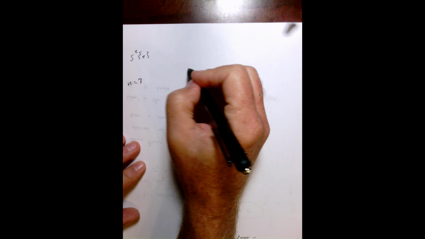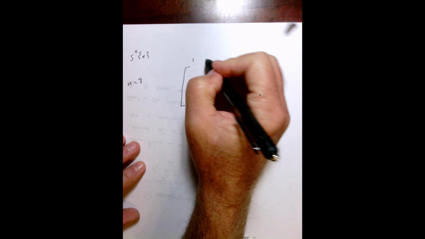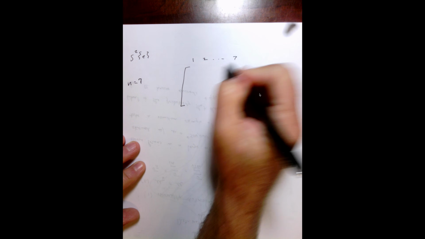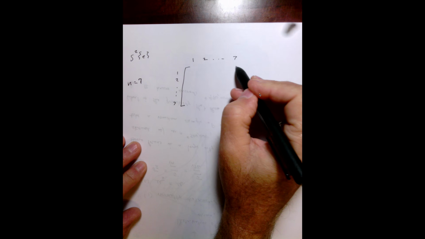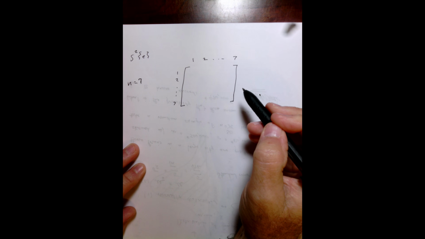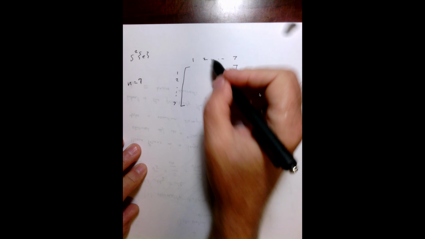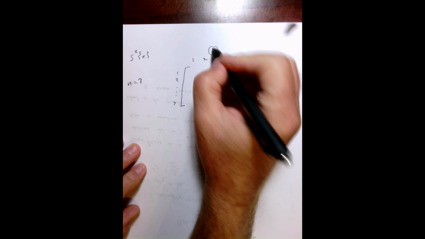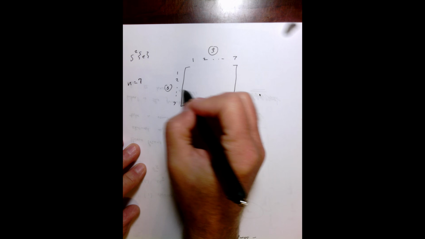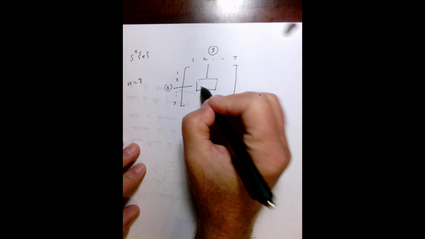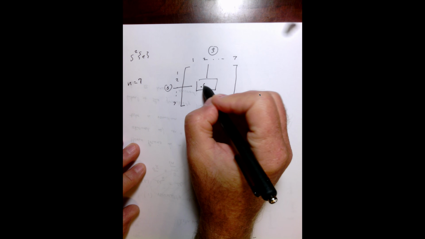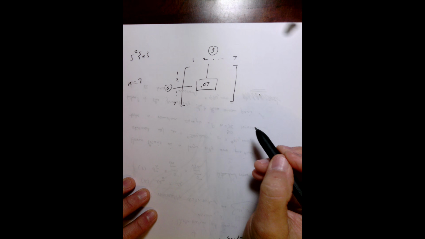Our variance matrix will look like a 7 by 7. So for the third unit, for the third case, we will come in and we'll get a value. And let's just say it's 0.07, you know, whatever it may be.